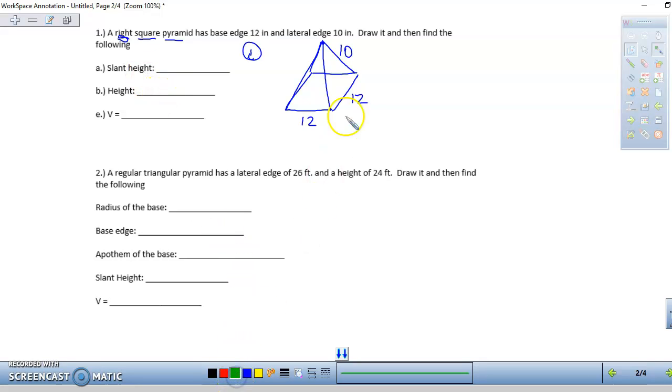So I'll do that one in green. So the slant height is here. And again, remember that makes a right angle. So if I have the base edge and the lateral edge and I want to find the slant height, I do want to use half the base edge here. And then I have this right triangle with 10 as the hypotenuse. And then 6, and then here's the slant height.